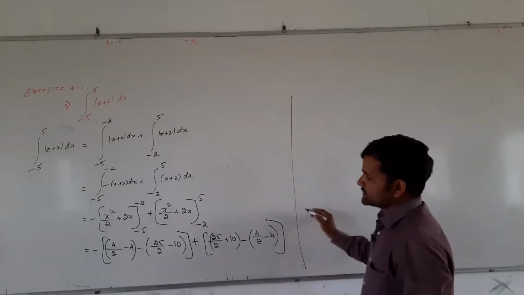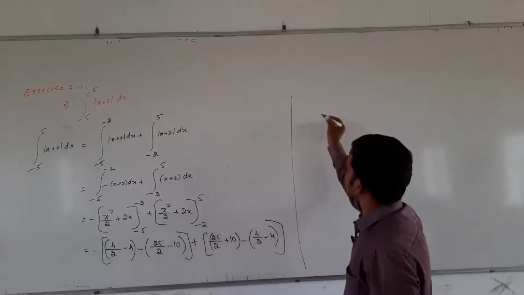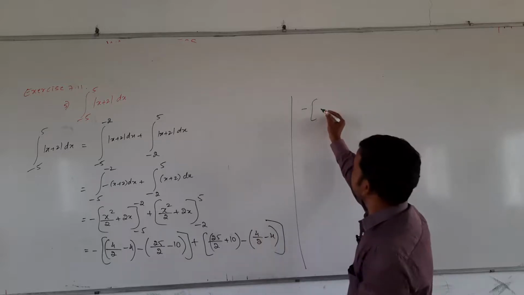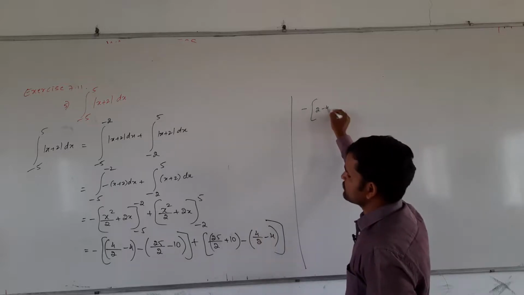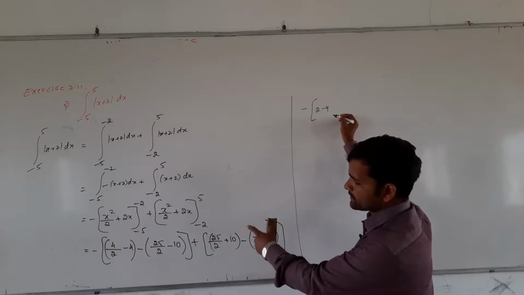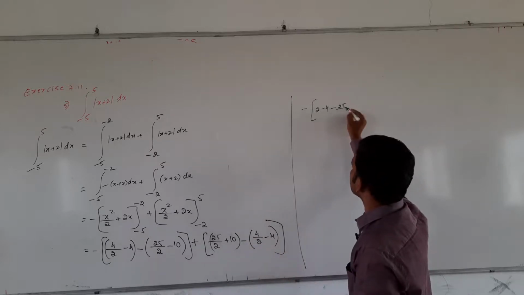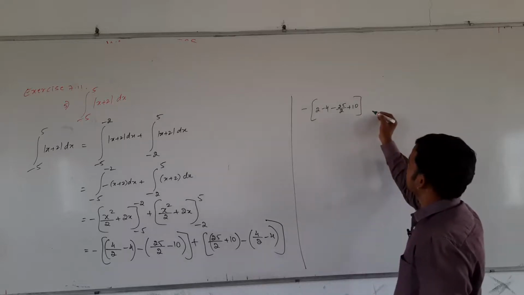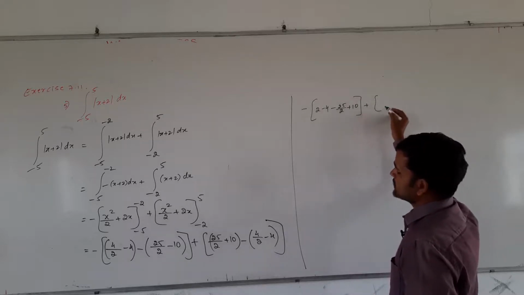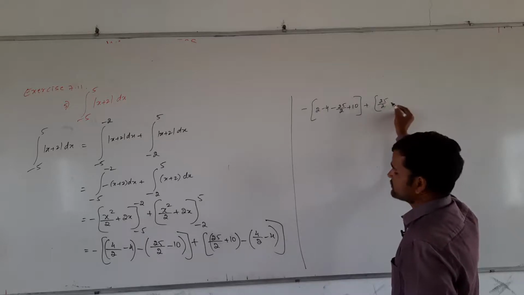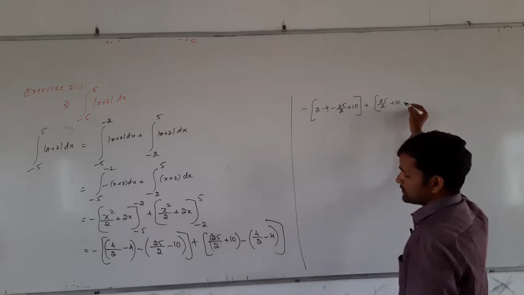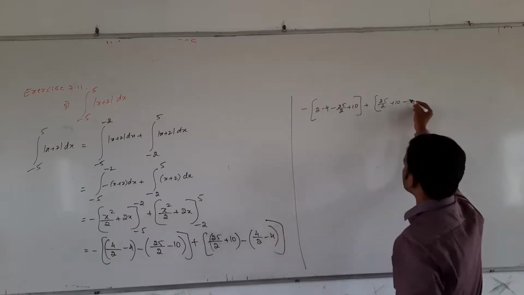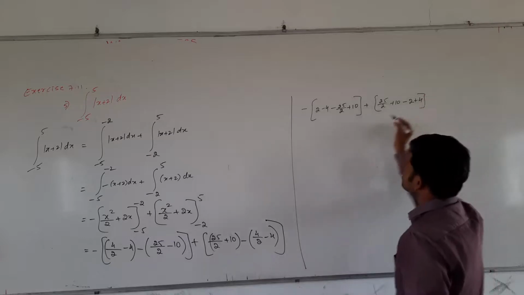Yes, simplifying it, minus of, minus completely outside, let it be minus of 4 by 2 is 2, 2 minus 4, minus will get multiplied with these two, this becomes minus 25 by 2 and plus 10, and now second one 25 by 2 plus 10, minus will get multiplied with these two, 4 by 2 is 2, minus 2 plus 4.